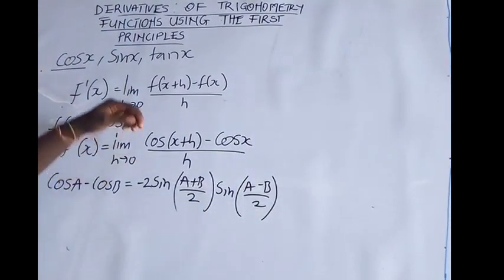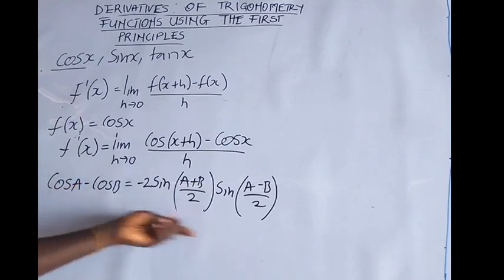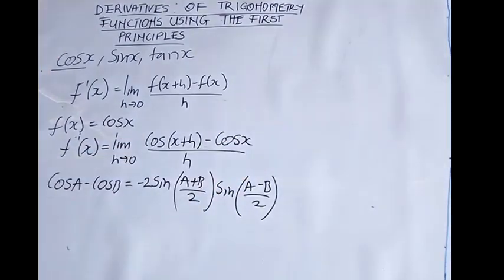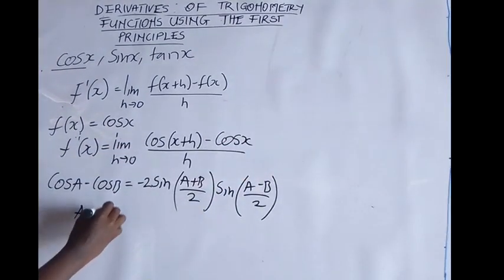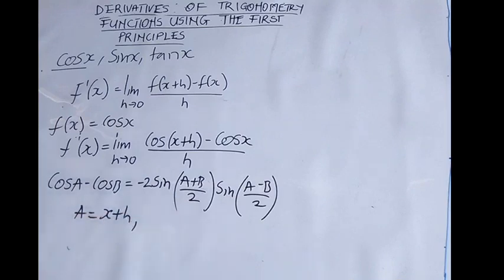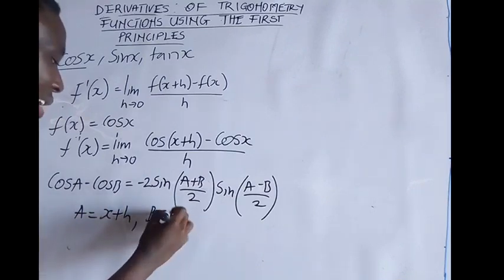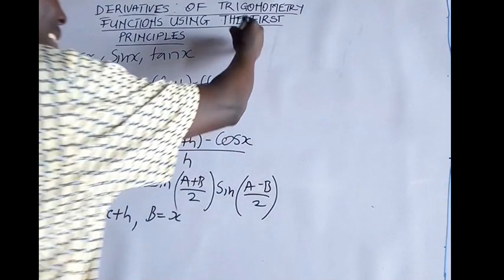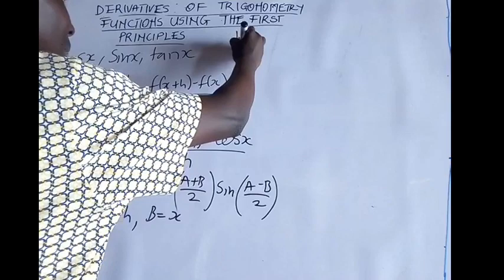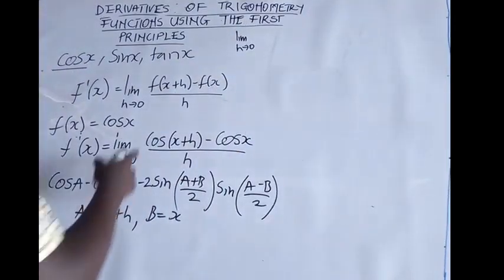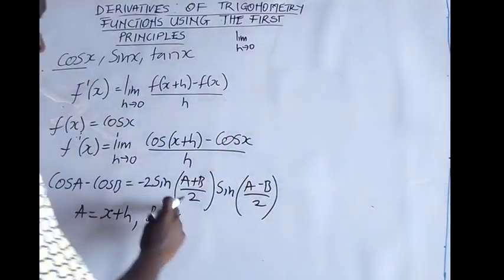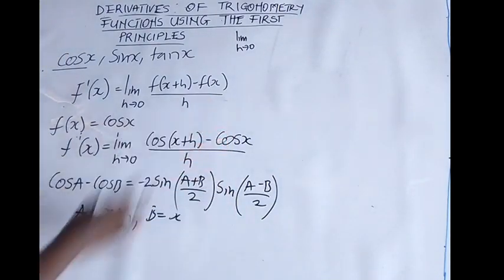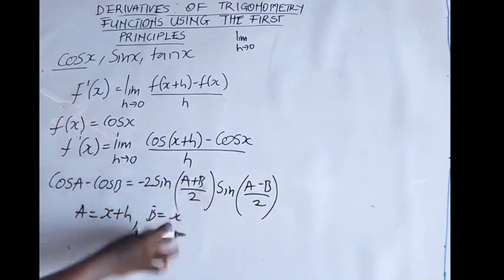So this is the identity for cos A minus cos B. So we fix whatever is here to this part, but in this case our A is equal to x plus h, and then our B is equal to x. So we have the limit as h approaches 0 of the whole of this thing, because we will fix this thing over here and then replace A and B by this and this.